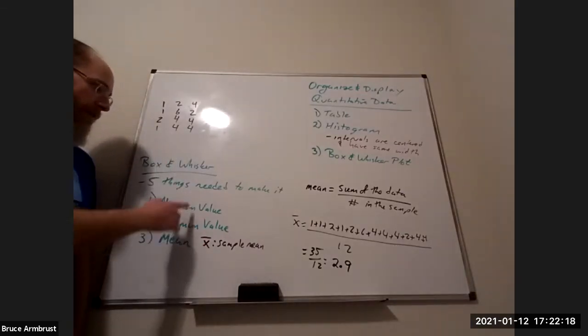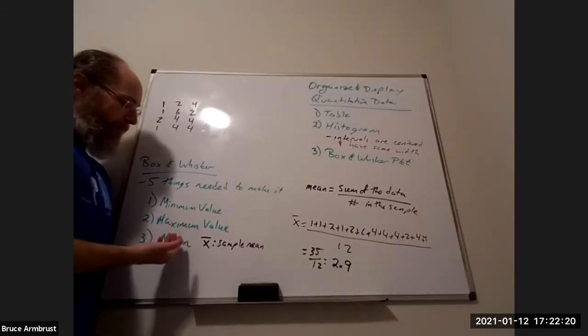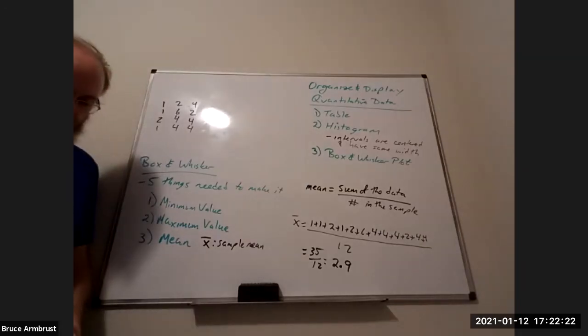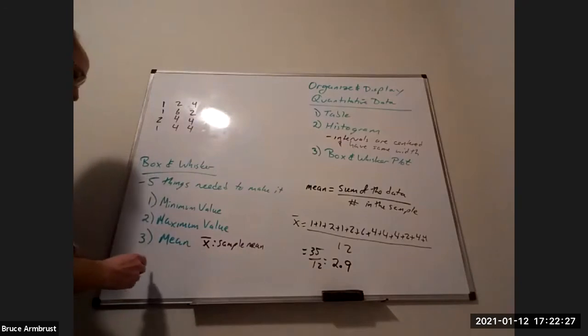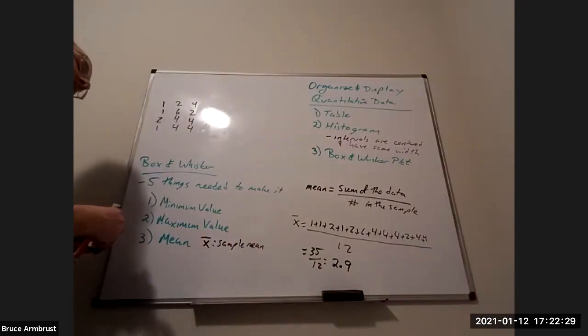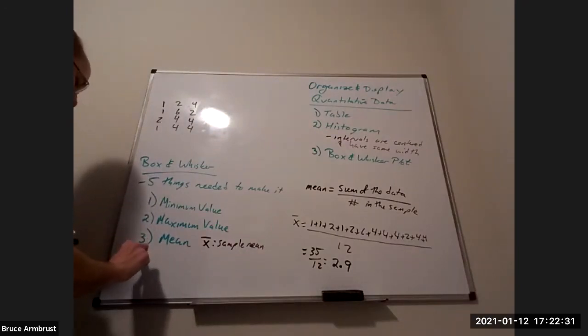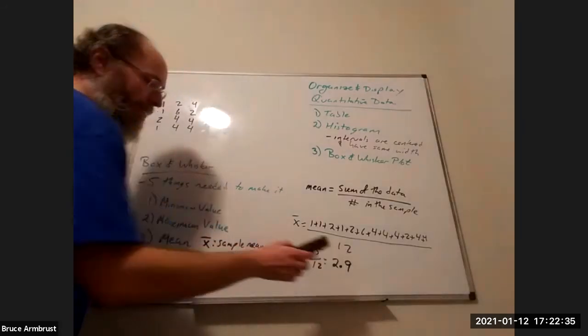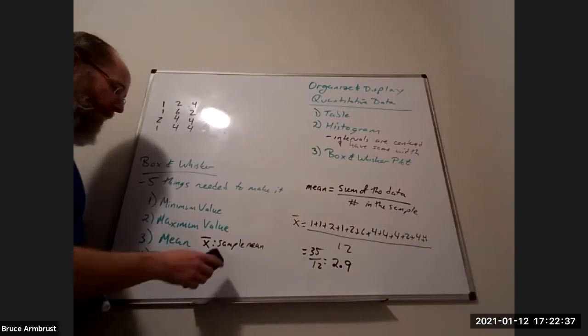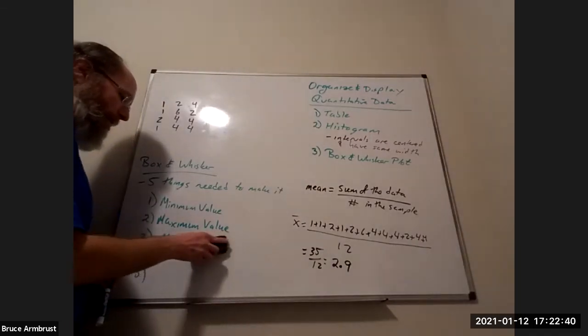All right, so that's the third thing we need. So we have a minimum value, a maximum value, and a mean. And then the last 2 that we need, oh, I totally lied to you. I really apologize for this. We don't actually use the mean.